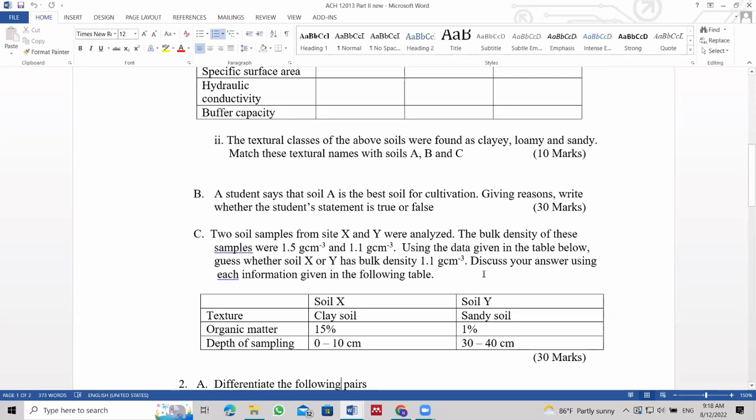Discuss your answer using each piece of information given in the following table. So bulk density 1.5 and 1.1, and other properties are given here. So which soil, X or Y, is 1.1 and which is 1.5?